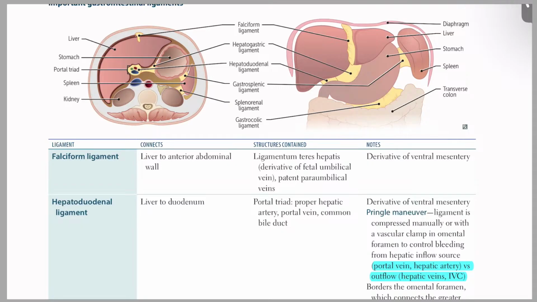Liver, stomach, portal triad, spleen, kidney, splenorenal ligament, hepatoduodenal ligament, hepatogastric ligament, falciform ligament, gastrocolic ligament, transverse colon, spleen, stomach, liver, diaphragm.